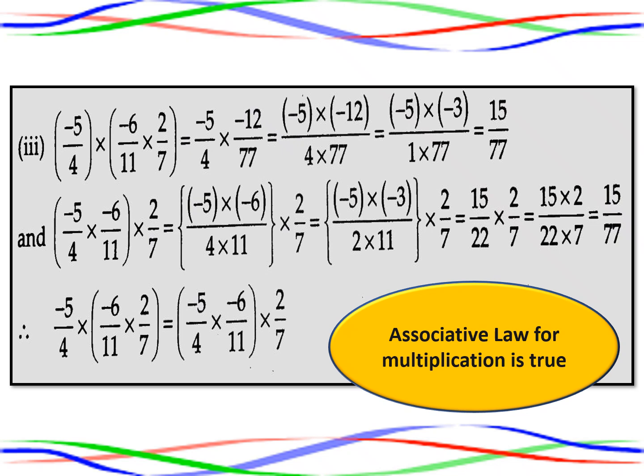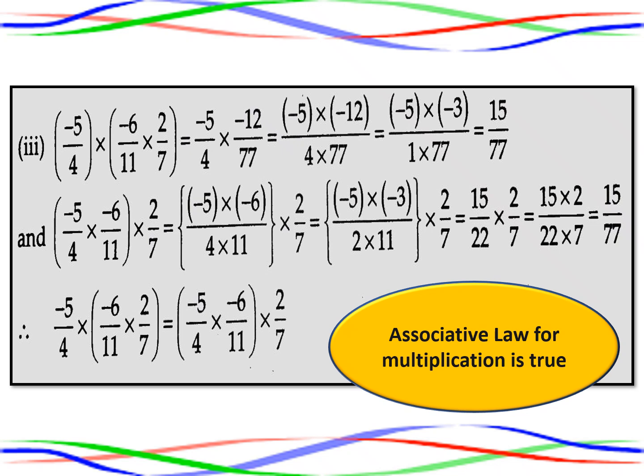Now consider the RHS. How to write the RHS? First two multiplied, that is minus 5 by 4 and minus 6 by 11 multiplied. Here you have to calculate the result within the bracket, that is minus 5 times minus 6 is 30, and 4 times 11 is 44.